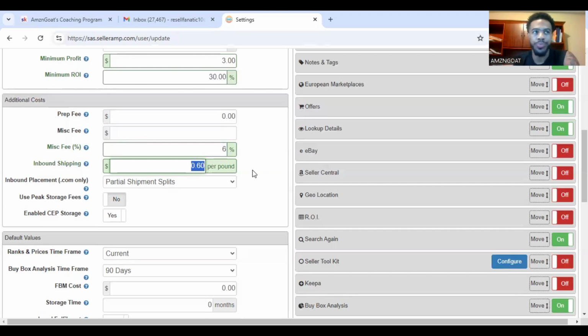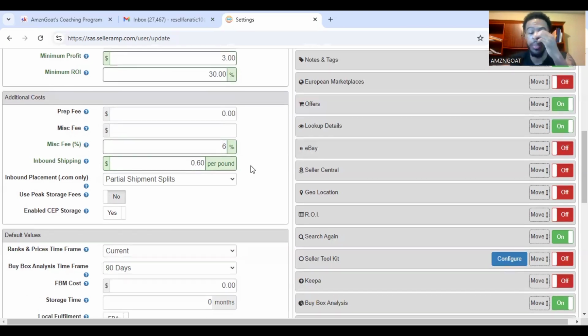They will give you shipping costs that are nice and affordable. If you send a small shipment, you're going to get hit over the head and pay a lot per pound. So again, it's all based off of your FBA shipments and what your prices come out to be once you finish the FBA shipment process. But on average, it should be around 60 to 70 cents per pound.